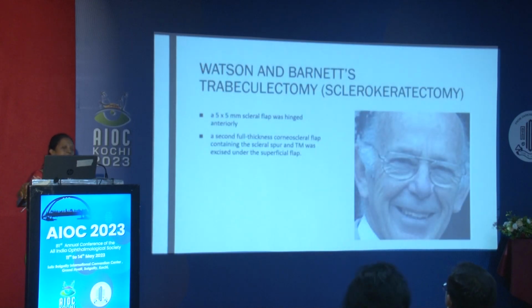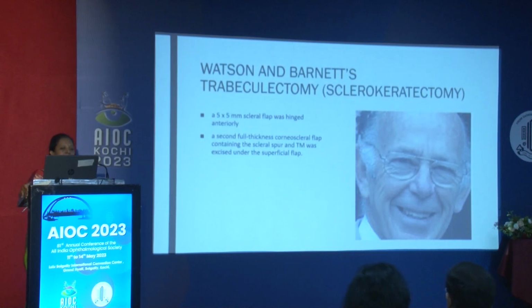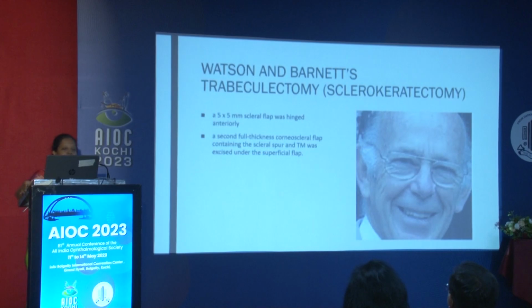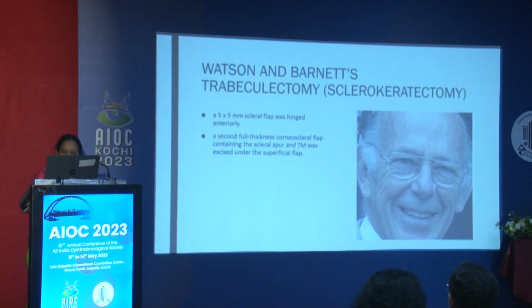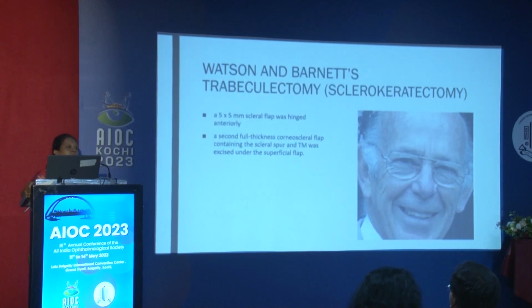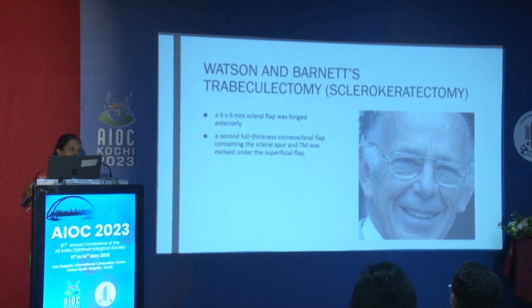In 1975, Watson and Barnett modified Cairns' trabeculectomy, and this was called the sclerokeratectomy in Watson's technique. A 5 by 5 scleral flap was hinged anteriorly, and a second full thickness corneoscleral flap containing the scleral spur and the trab meshwork was excised under the superficial flap. So currently, this is the technique that all of us follow, the sclerokeratectomy.